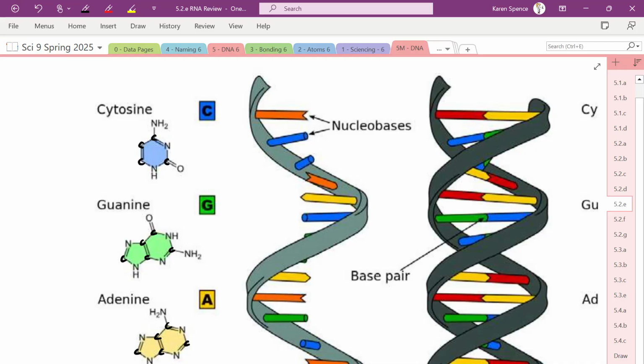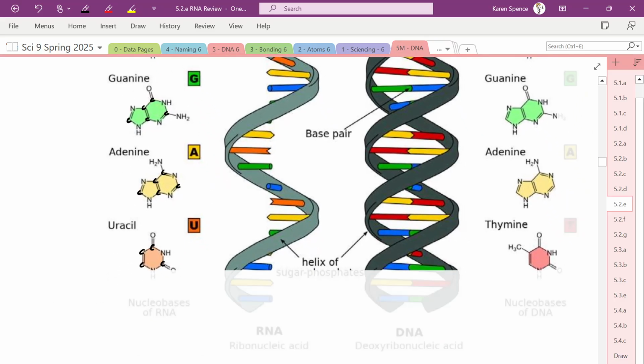Adenine is long and thymine and uracil are short. So you're always going to have a short one paired with a long one, which makes all the rungs the same length. You don't have to know that. I'm just telling you because it's interesting. That's one of the reasons why it works out so perfectly.